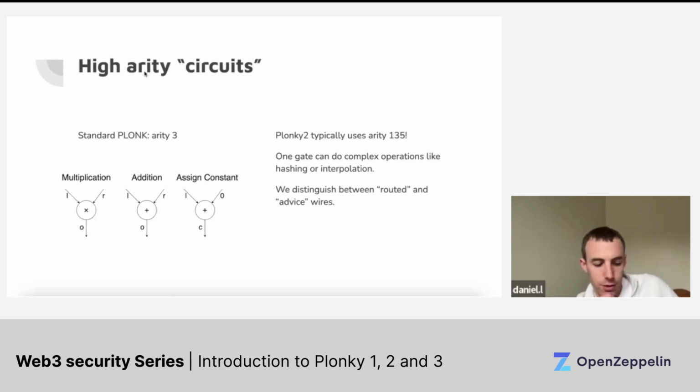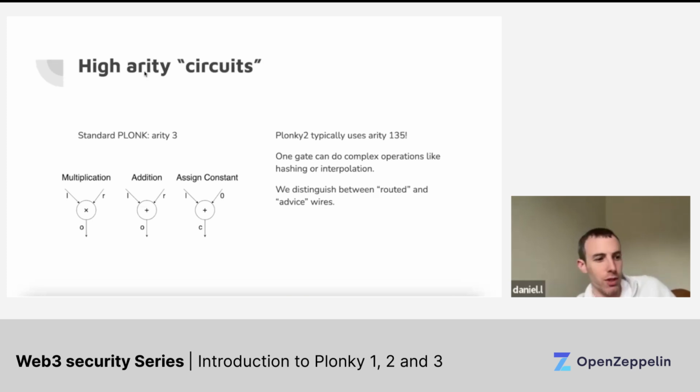The other difference of Plonky2 compared to the regular Plonk protocol is that standard Plonk uses arity 3 circuits. So each gate has 2 inputs and 1 output normally, whereas Plonky2 tends to use much wider arities. In fact, the standard arity is 135. That's our default configuration. I think this is very powerful because if we just have addition and multiplication gates, then everything has to be broken down into those simple operations.